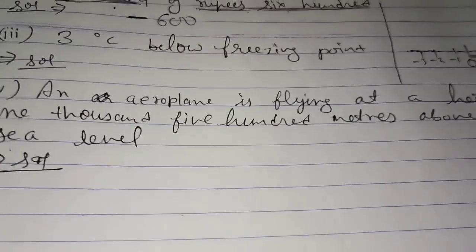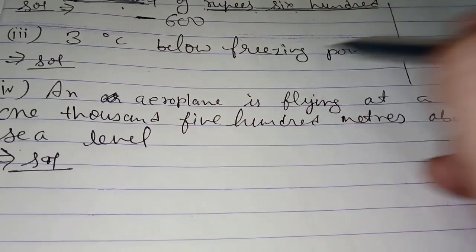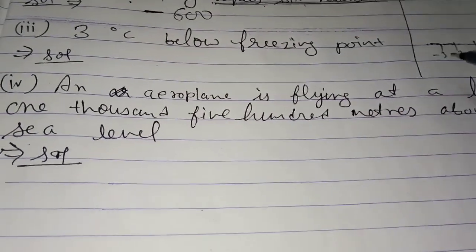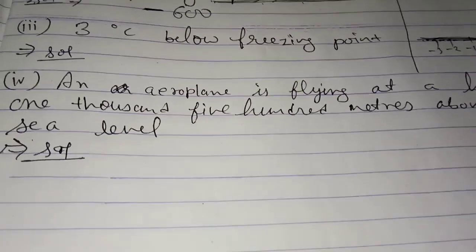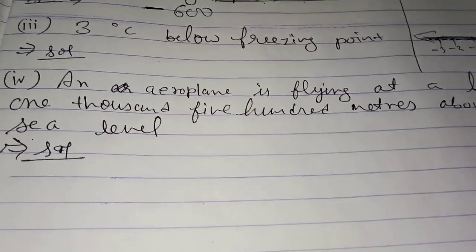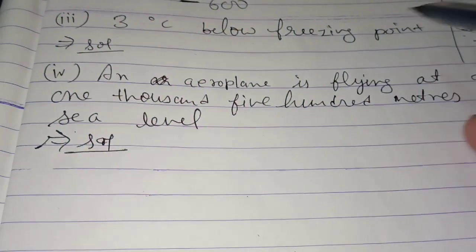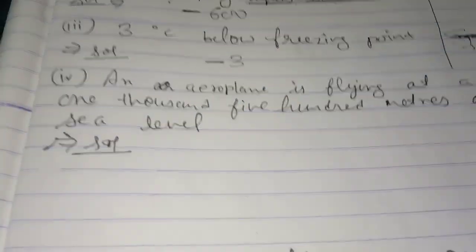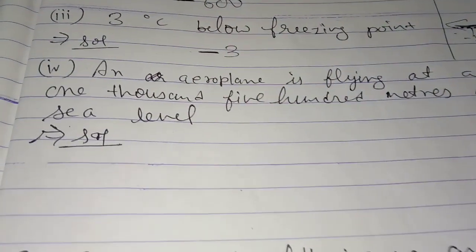So if any temperature goes beyond 0, below it, we have to represent this number with negative symbol. So 3 degrees Celsius below freezing point means first we will write number 3 and we have to use negative sign. This gives us the answer of this question.